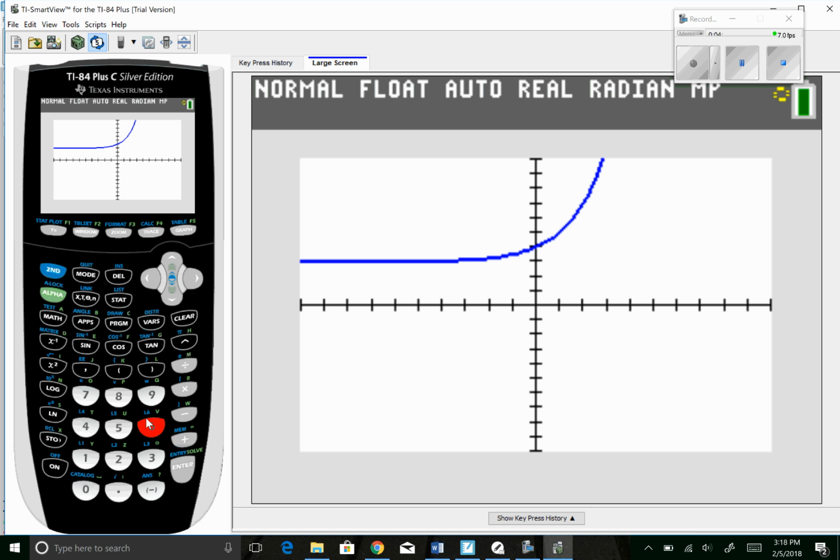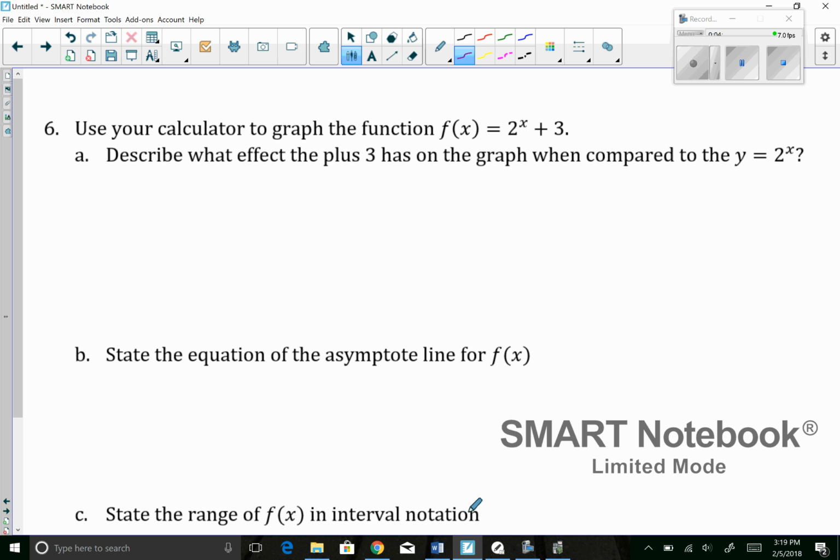Now, it's still going to have this asymptote line here, right? So we have to kind of take into consideration what essentially happened. We shifted everything up 3 units. So the y-intercept went from 0, 1 up to 0, 4. The asymptote line went from 0 up to 3. Everything gets shifted up 3. So what's different about this graph?